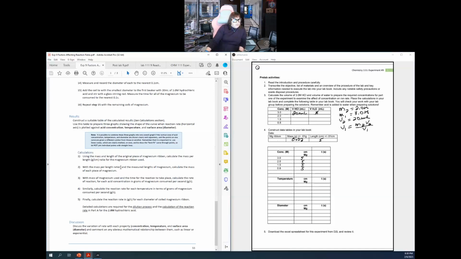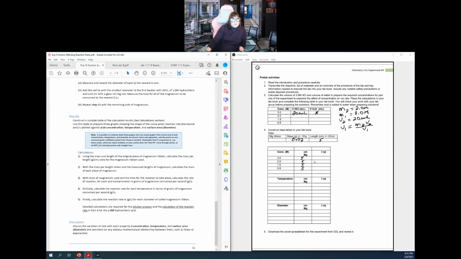With the mass per length ratio and the measured lengths of magnesium, calculate the mass of each piece. With the mass of magnesium used and the time for the reaction to take place, calculate the rate of each reaction for each acid concentration in grams per second.